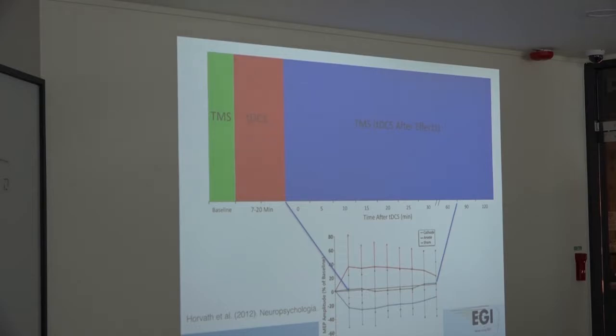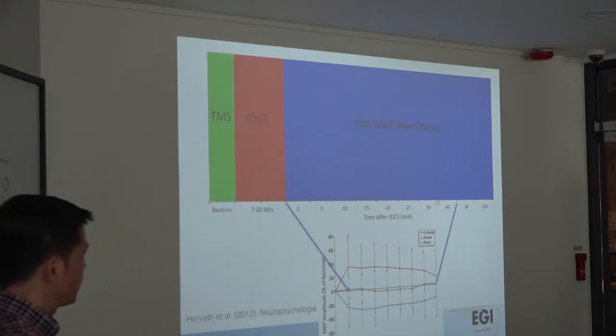If you apply negative current here and positive here, then the EMG gets smaller. And if it's a placebo or sham where you don't apply any current but let people think that you're applying current, nothing happens. Okay?